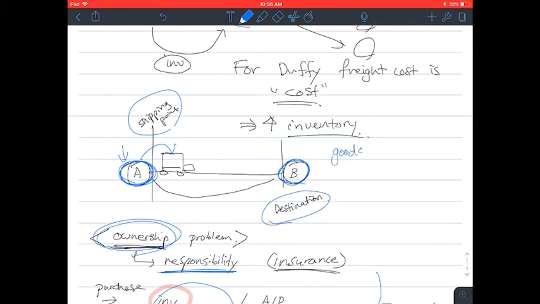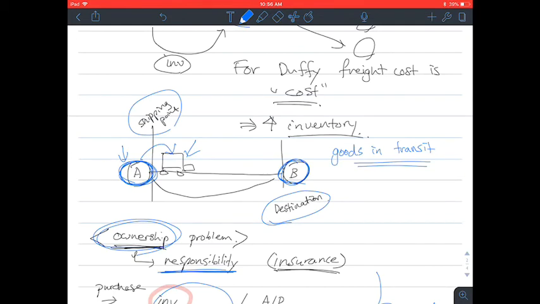So goods in transit is another term that you should remember. During this travel, we don't know what's going to happen to this truck, right? This truck may collide with another truck, and your goods will be lost.